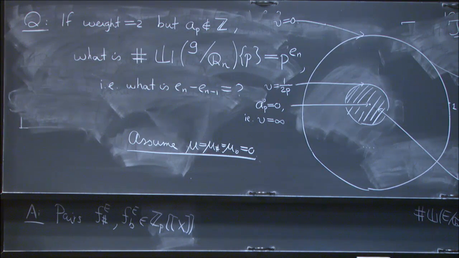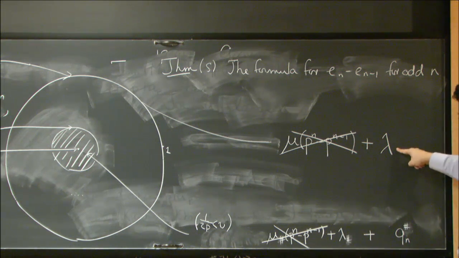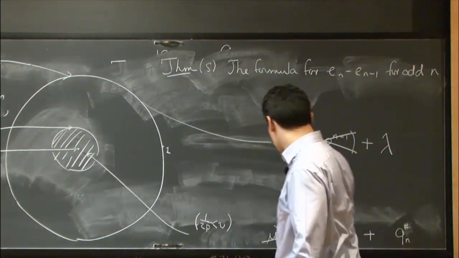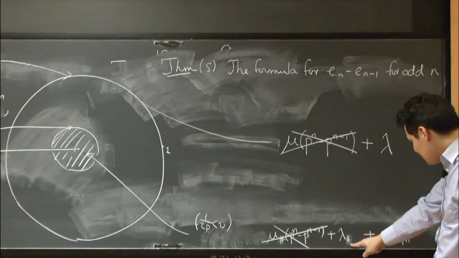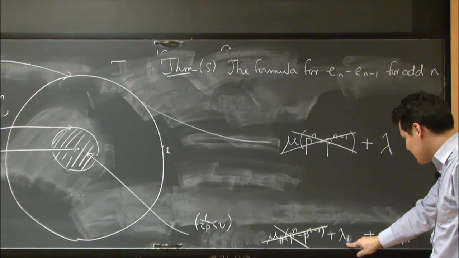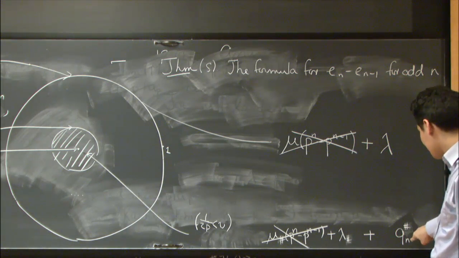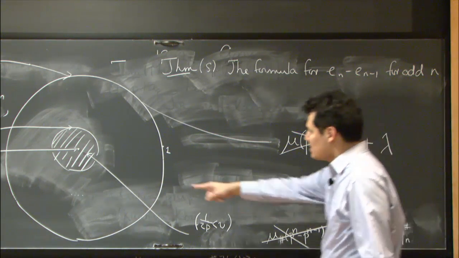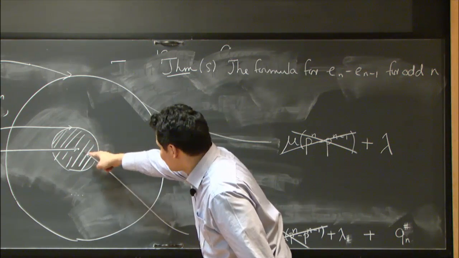So this goes away, and this goes away. So in particular, the growth of sharp is just given by lambda when you're on the boundary, and by the sum of a lambda invariant lambda sharp and the Fourier term qn sharp when you're inside this close to 0.